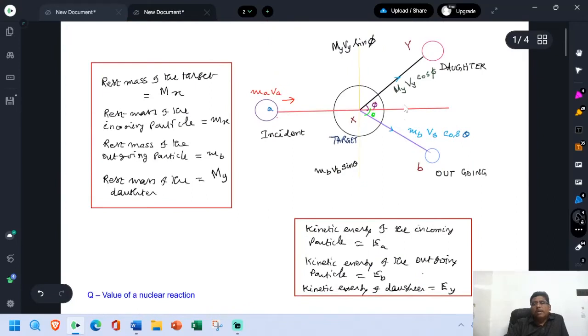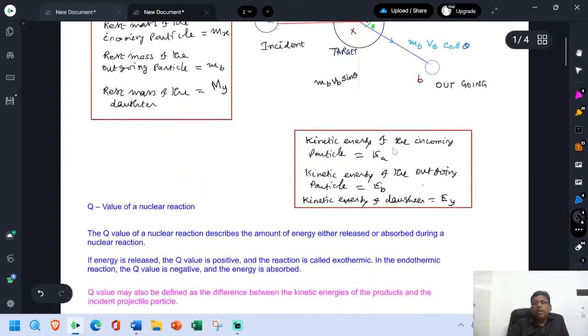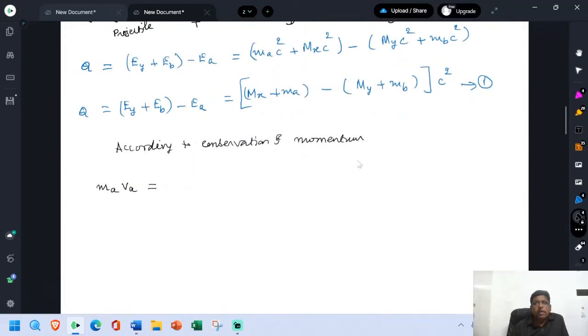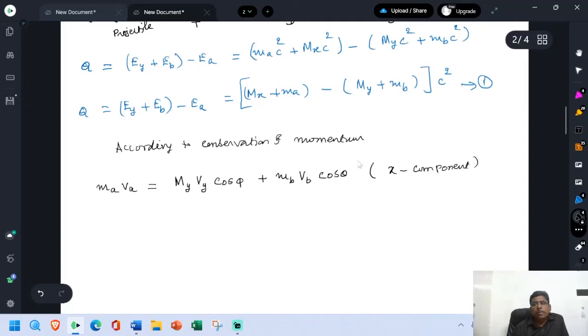That means the x component momentum of the daughter and the x component momentum of the outgoing particle. Now you have to take the sum: myvy cos phi plus mbvb cos theta. This is the x component momentum.